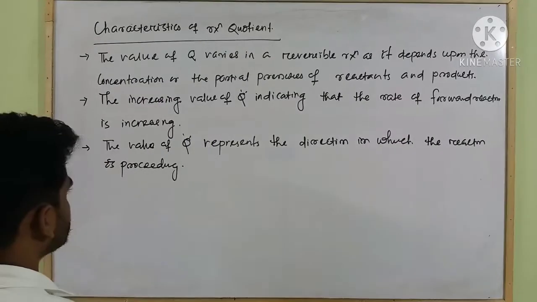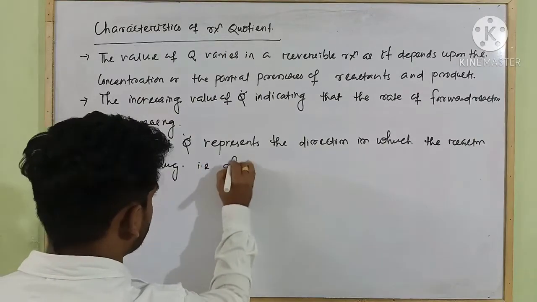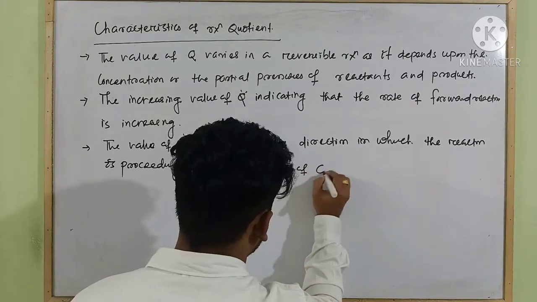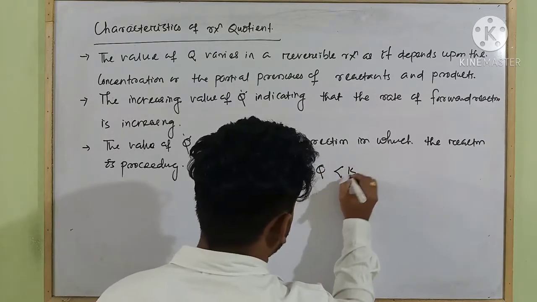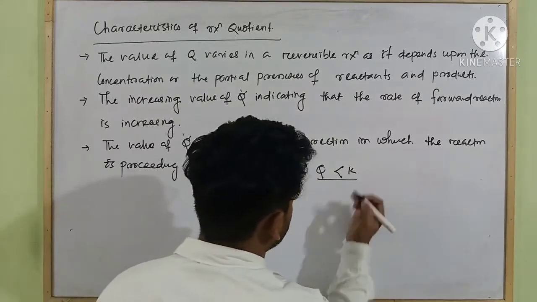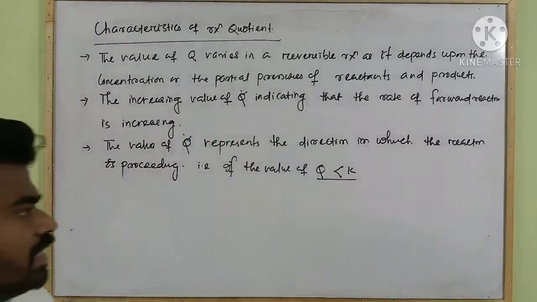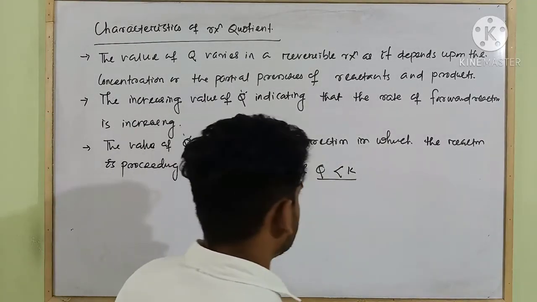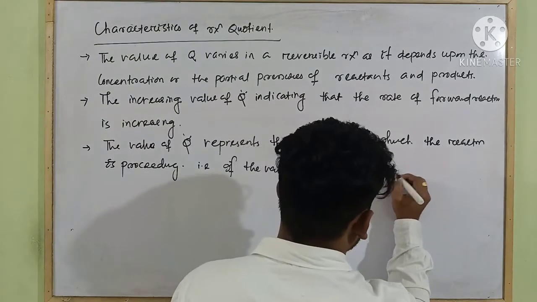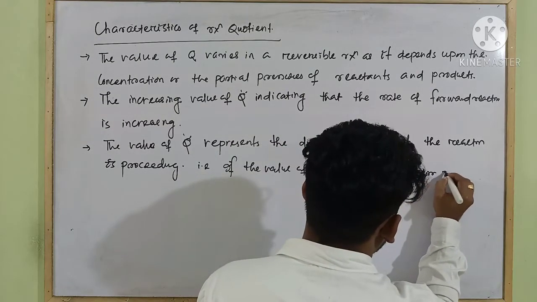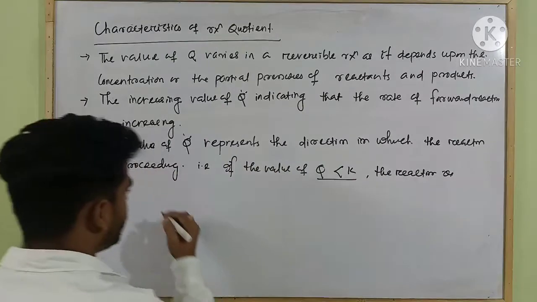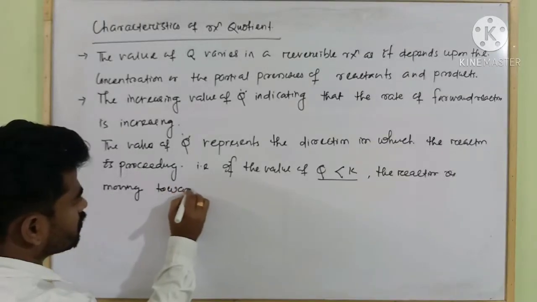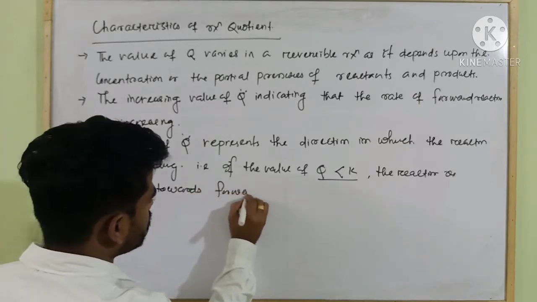That is, if the value of Q is less than K, that means Q is less than the equilibrium constant. So what does it represent? The reaction is moving towards the forward direction.